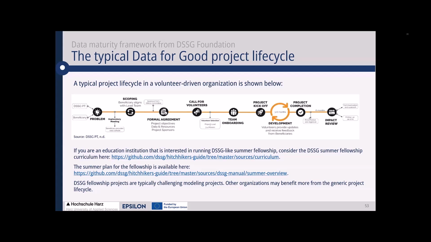So to say, when the volunteers leave, the work will still be used or applied in the organization. And then in the ideal world, after half a year, the organization such as DSSG contacts the beneficiary again and asks for an impact review.